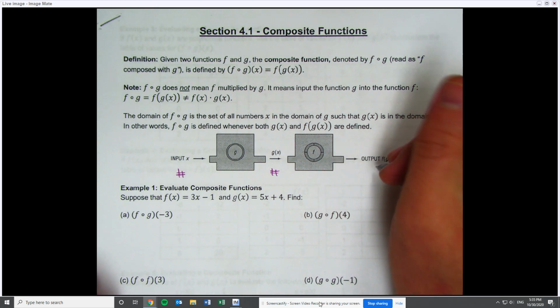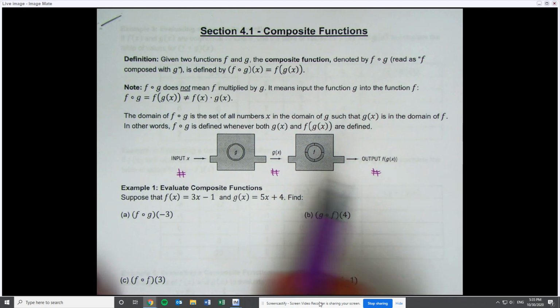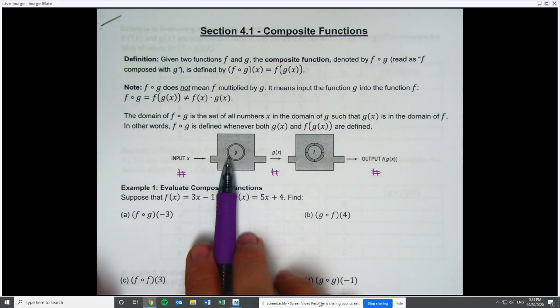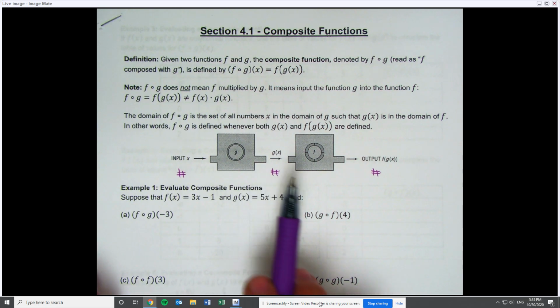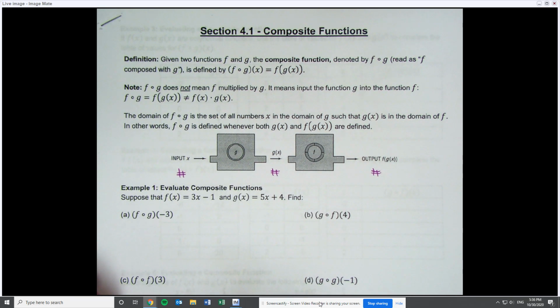It'll do its magic and we get a final number out. So that's basically it. You put an x value into the inside function, you get a value out, and you take that value, put it in your outside function, and you get a new value out. And that's all you have to do for composite functions.